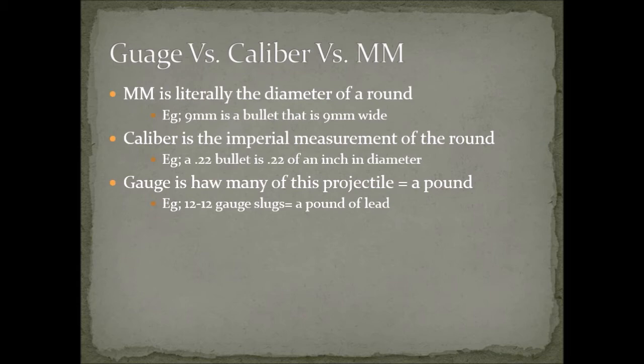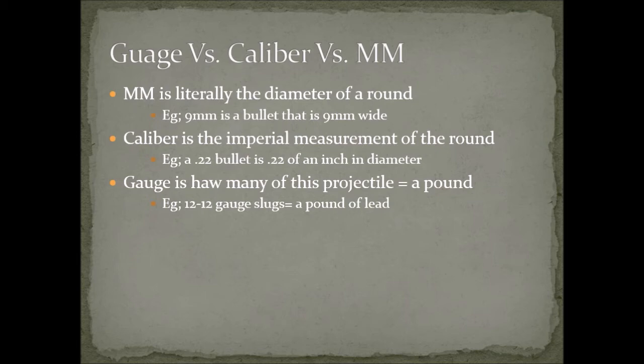Now, the only country in the world that still uses caliber is us, the United States. Everybody else has gone to millimeter. In fact, because of our NATO alliances and things like that, most of our military has gone to millimeter.